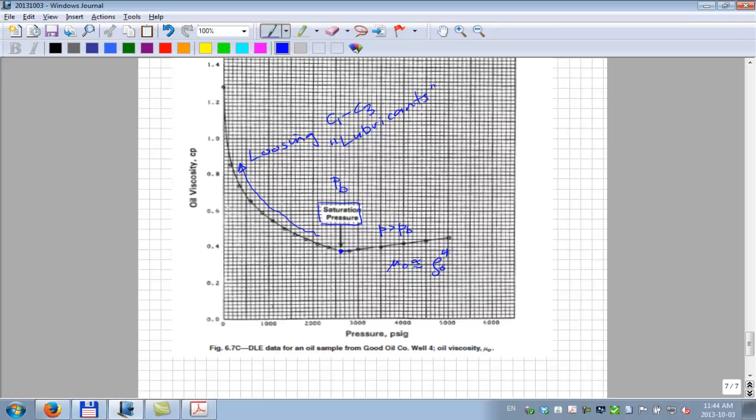What do you call it? Smoothing, yeah. So you're losing those components that are making the viscosity low. Therefore, the viscosity is increasing, and that's what's going on there.